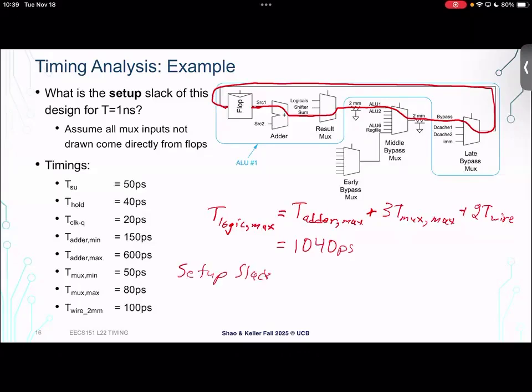And then we can use that combinational delay to calculate our setup slack, which, recall, is not just the combinational delay, but also depends on the flip-flop parameters. So we're comparing our clock period to the clock-to-Q delay plus that logic delay that we just calculated, plus the setup time, because we need to meet the setup time constraint.